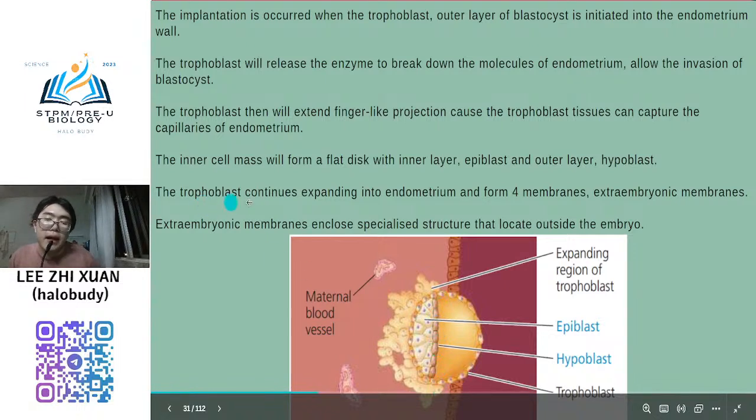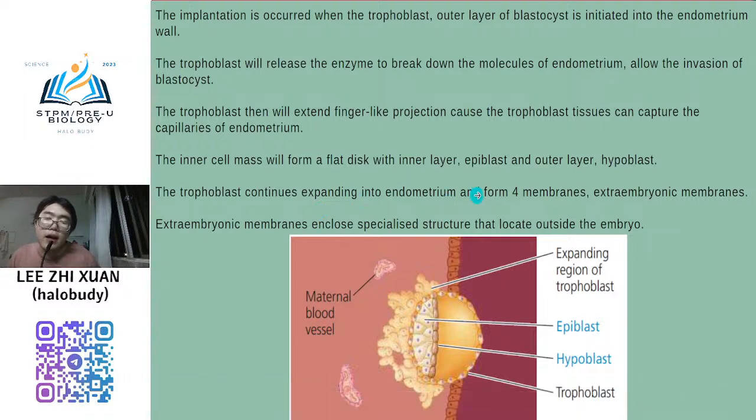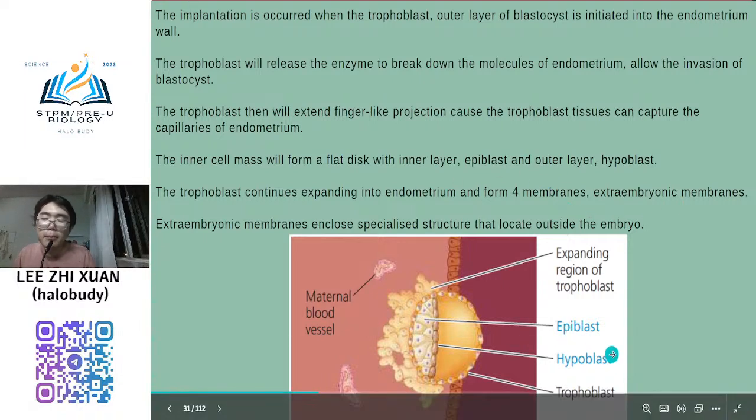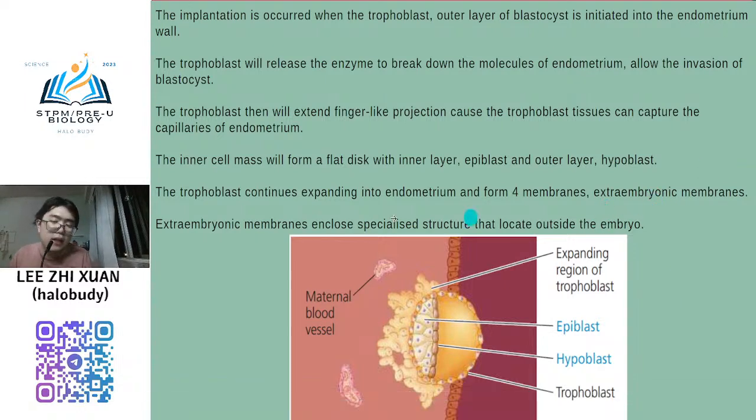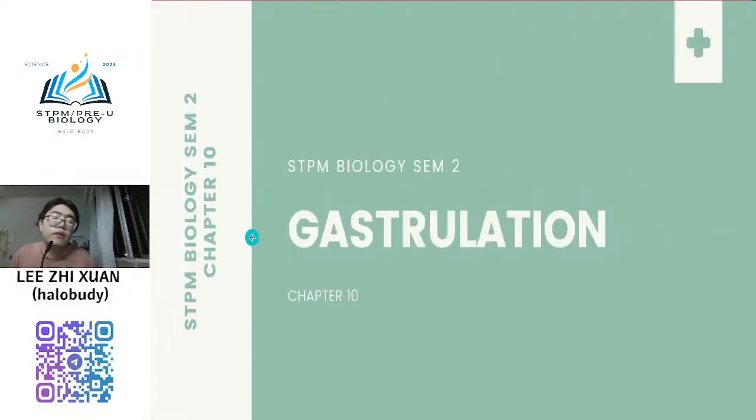Then the trophoblast will continue expanding into the endometrium wall and form the four membranes we call the extra-embryonic membrane. Later we will see it. The epiblast, hypoblast, and extra-embryonic membrane each have their own function, which we will see later during the gastrulation process. The extra-embryonic membrane will enclose specialized structures located outside the embryo. Okay, so this is the process of implantation.